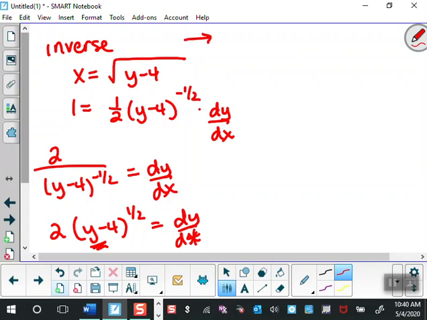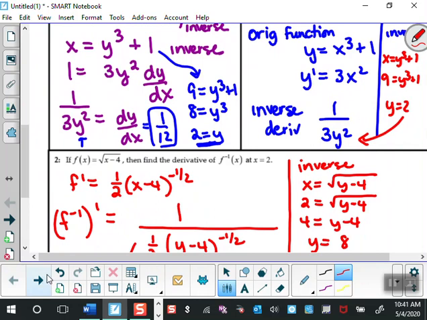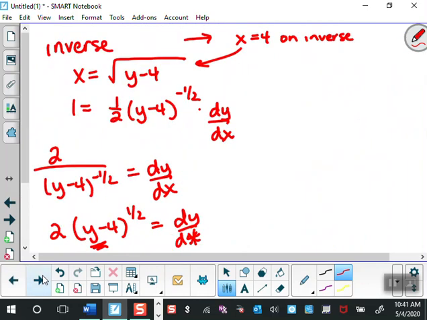And you have to remember if x equals 4 in the inverse world, right? Is that what it was? x equals 4 in inverse world? Or was it x equals 2 in inverse world? x equals 2 in inverse world. I was like, wait a minute, that wasn't going to give me the right number. Okay, that's right.